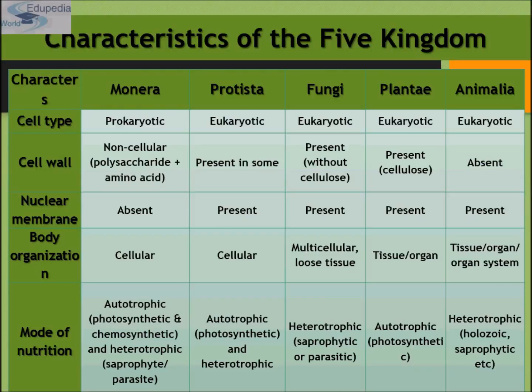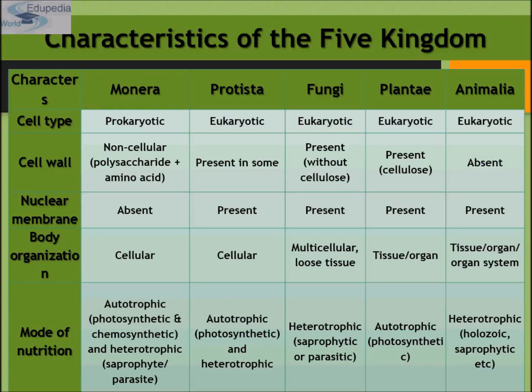Fungi are heterotrophic, saprophytic and parasitic. Plantae kingdom is autotrophic, we very well know that they prepare their own food by the process of photosynthesis. And the kingdom animalia is heterotrophic, that means holozoic and saprophytic.